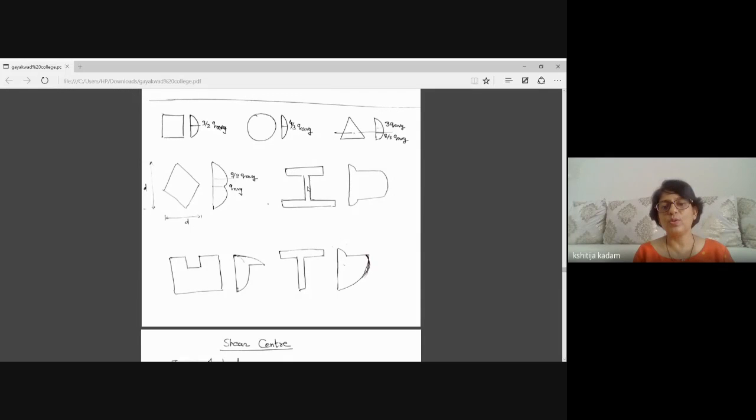For I section also you will find it is parabolic, but since the width suddenly changes from top flange to web, there is a sudden increase in the shear stress diagram. At the junction of web and bottom flange, suddenly B is increasing, so shear stress is suddenly reducing.